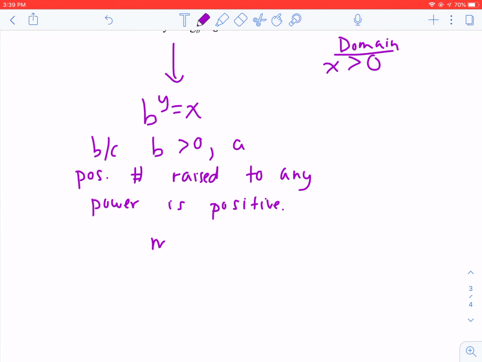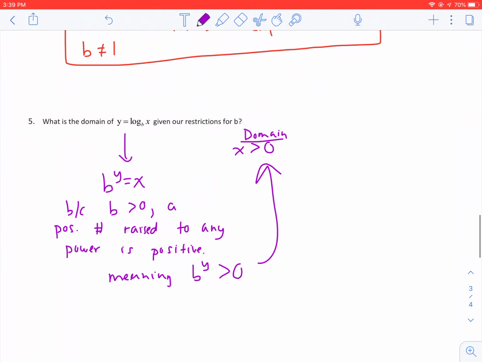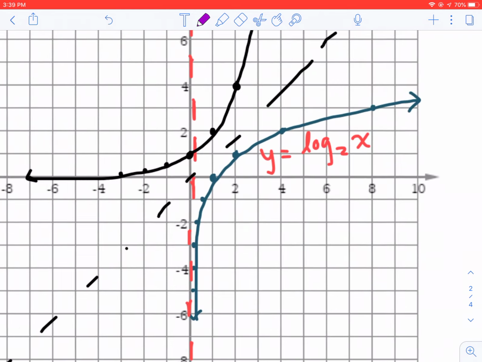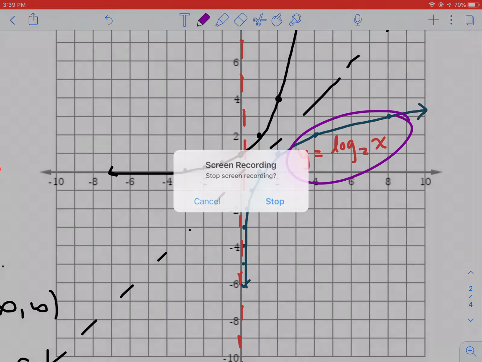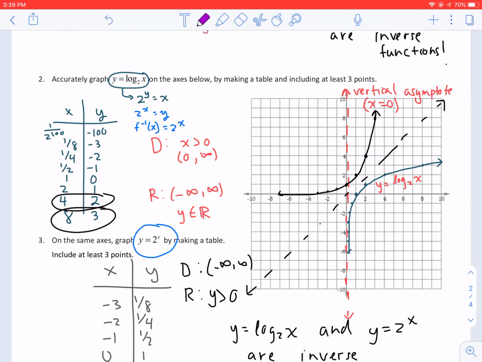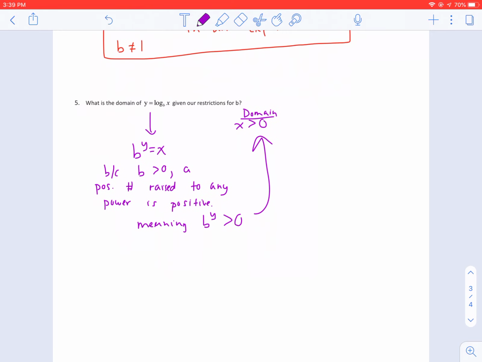Right? Meaning that b to the y also has to be greater than 0. So it follows that if b to the y is greater than 0, well, that is also x. So our domain has to be x is greater than 0. Right? And we see that here when we graphed it. When we graphed our log function, right, our domain was x is greater than 0. All right? So that is your intro to log functions.